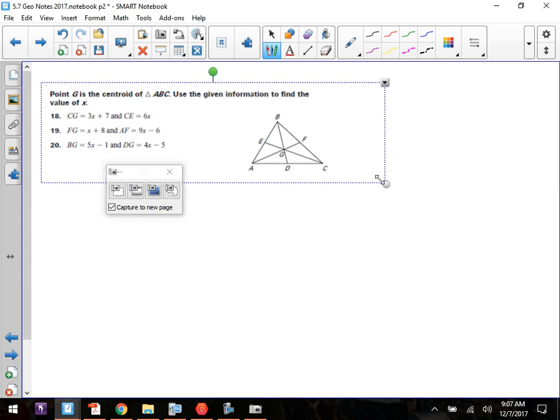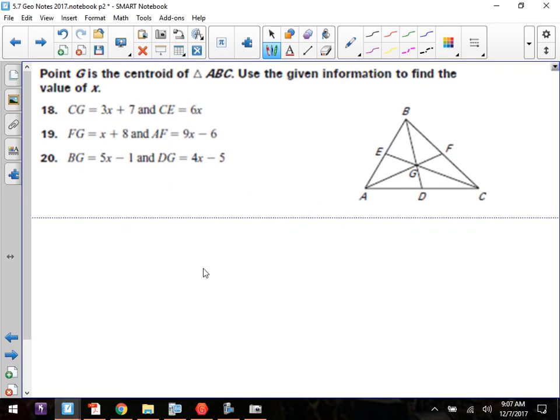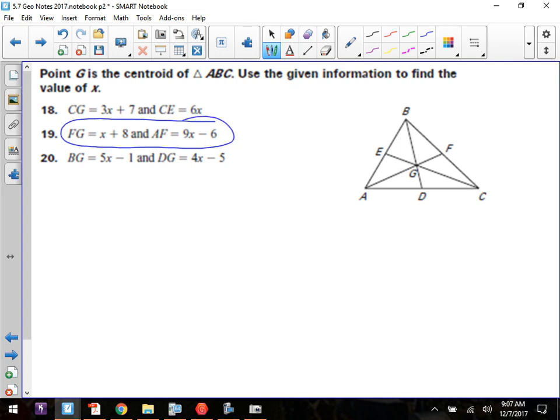So back to the same basic idea of the diagram. These are the problems we did yesterday. If I'm looking at just this one here, where you have the segment FG, and then you have the whole thing AF.